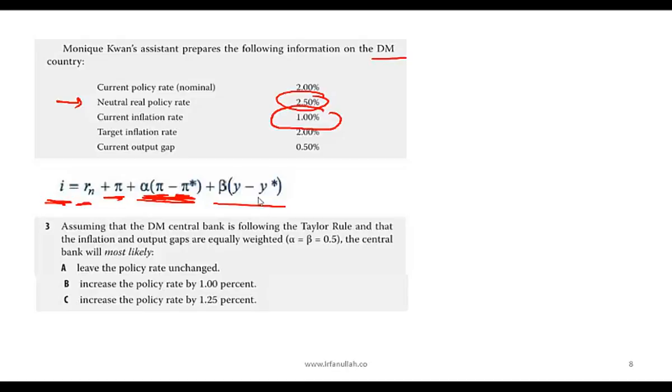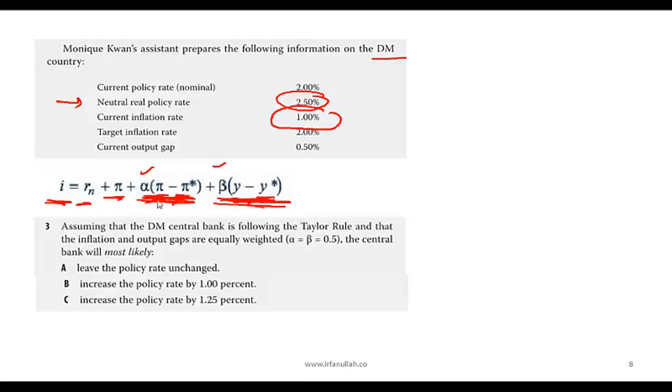Plus, this difference is the difference between the real GDP, so Y is the real GDP, and this Y asterisk is the potential GDP. Alpha and beta are coefficients which deal with the relative weightage of these two factors.